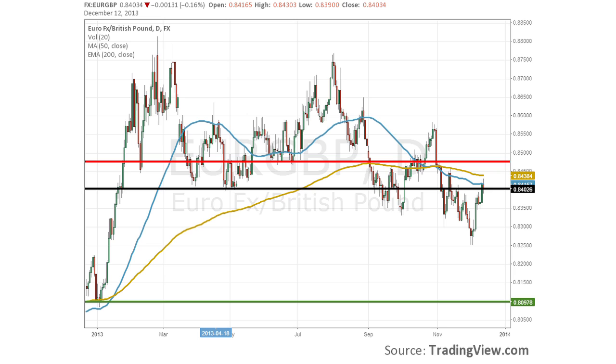Simit sets his sell stop order at the black line, 0.84026, and his stop loss at the red line, about 0.84750. And his target is all the way down at the green line at 0.80978.